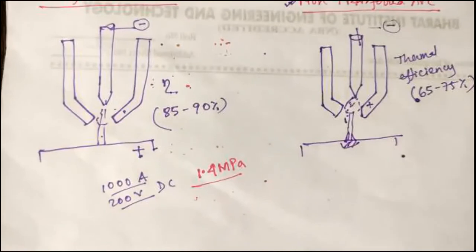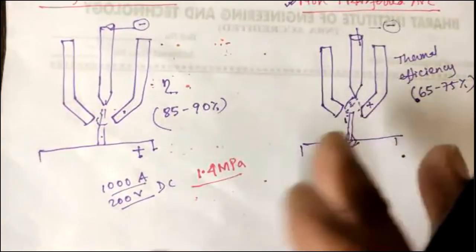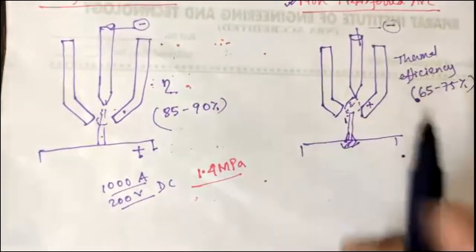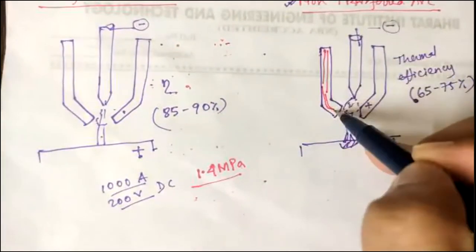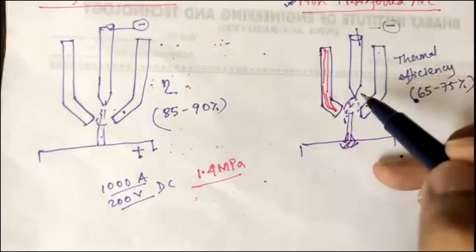And this plasma jet is constricted by the flowing gas, which will act as a coolant, sandwiched between the nozzle walls. In the diagram which I have shown, you might have seen that we have the coolant here. It may be some gas, some water also.